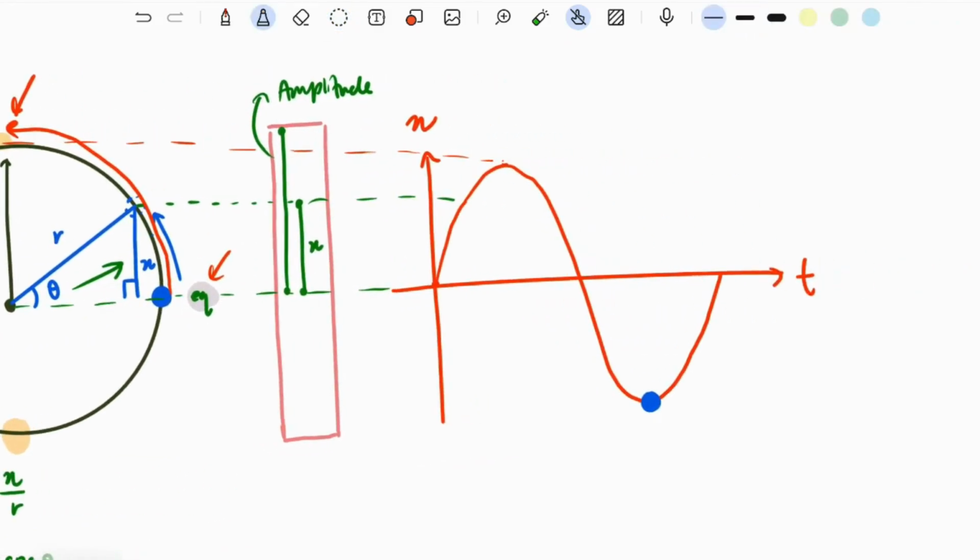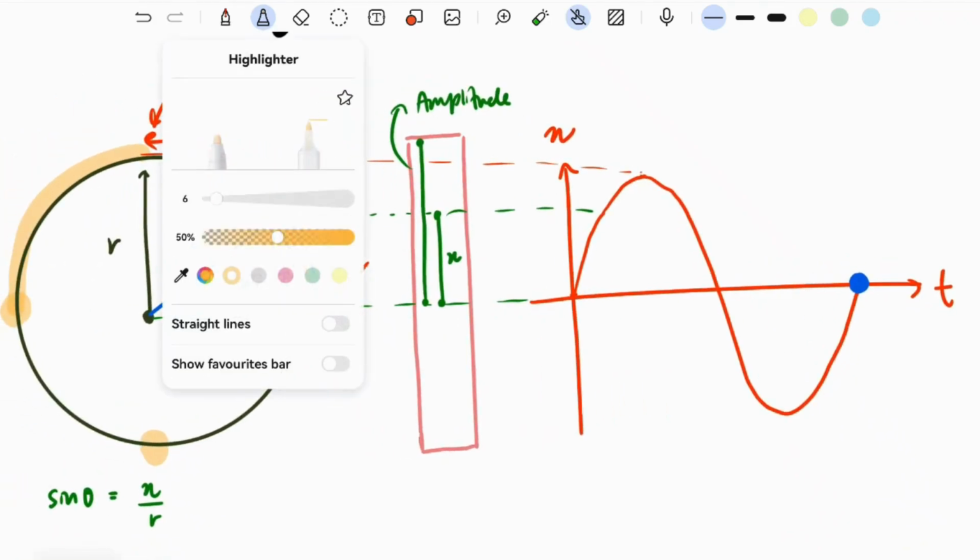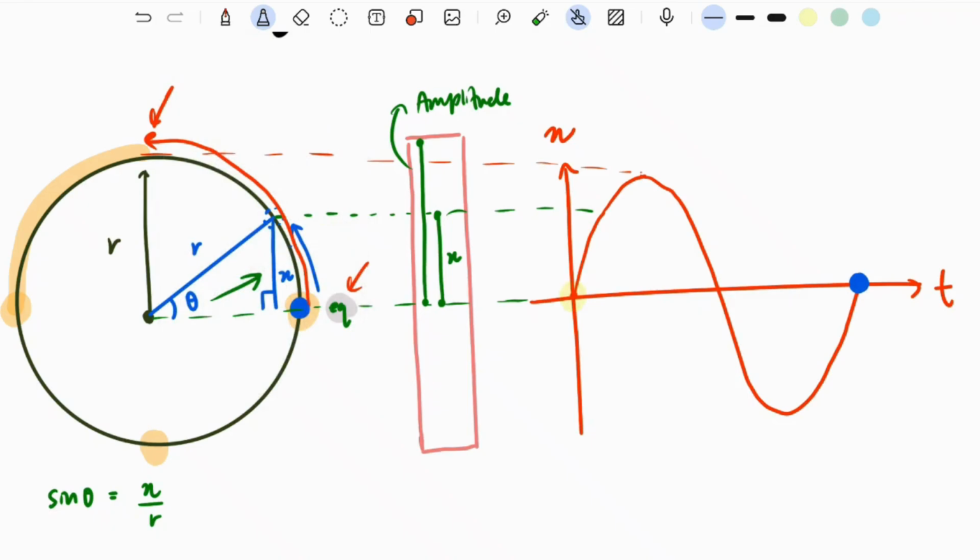Then back to equilibrium, back to this point. So that is why I said from here, the equilibrium, to the highest point, it is actually the amplitude. And when we draw it in the circle, it shows the radius of the circle.